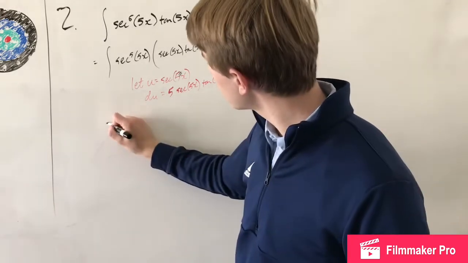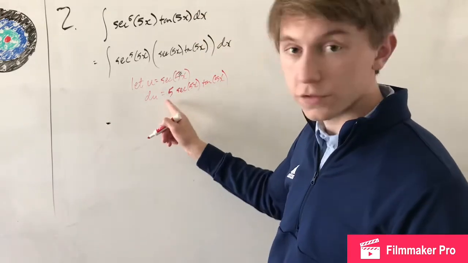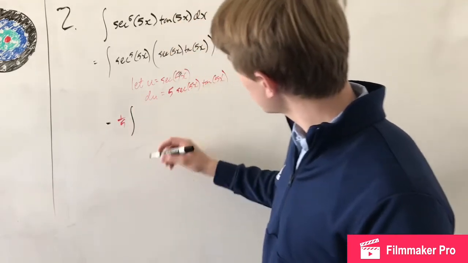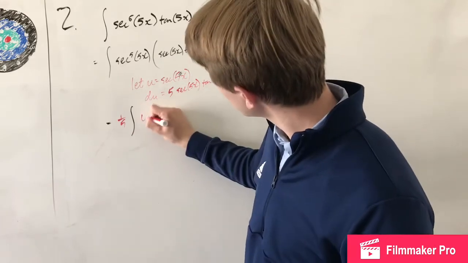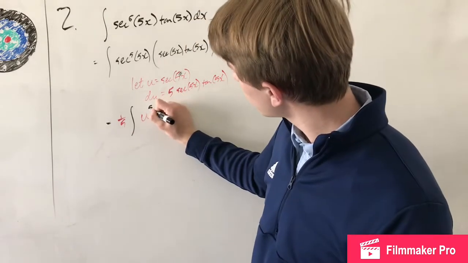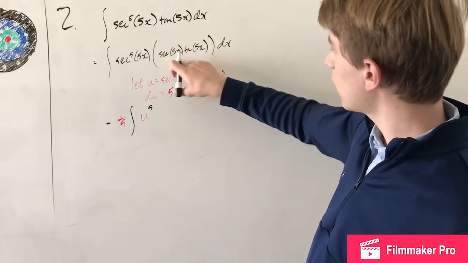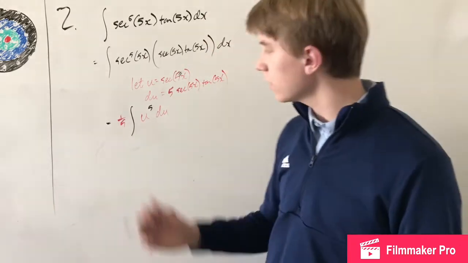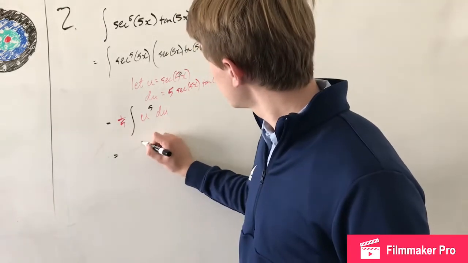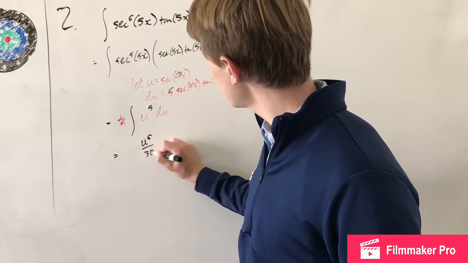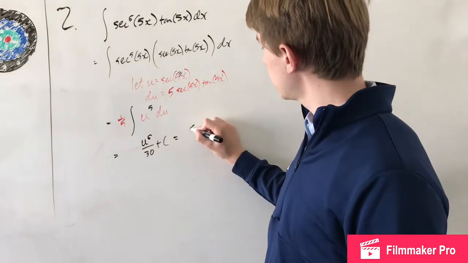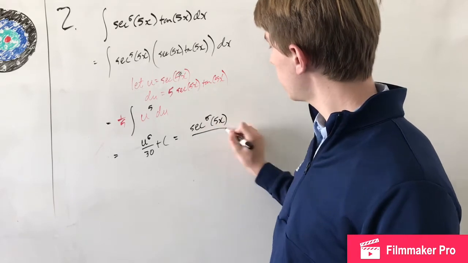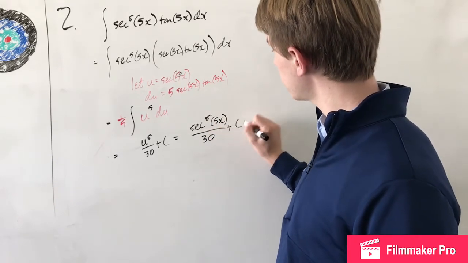So then we have a 1/5 from here, 1/5 integral of u to the 5th, and then these cancel out, then du. And then that's easy to integrate. You get u to the 6th over 30 plus c, which is secant to the 6th of 5x over 30 plus c.